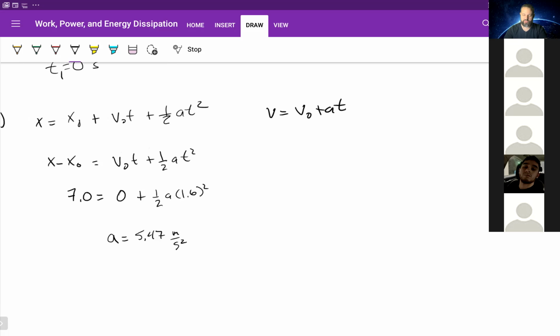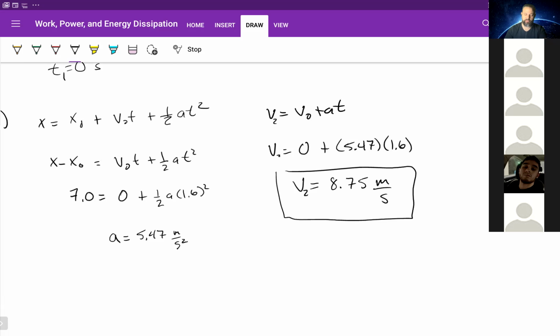So v is equal to 0 plus 5.47 times 1.6. So our final velocity v, and I should say v2, and this should be v1, but hopefully you guys can follow that, is going to be 8.75 meters per second. I kind of went through that one real quick. We should know how to do that by now.